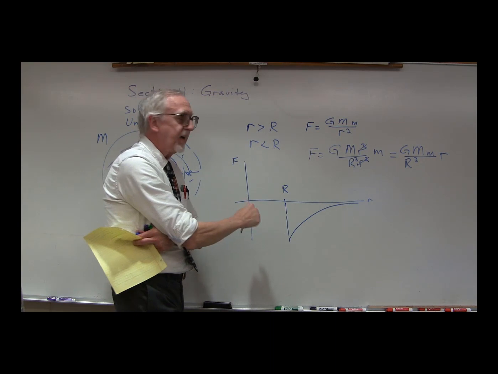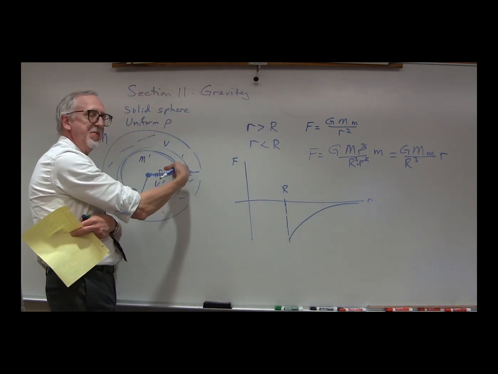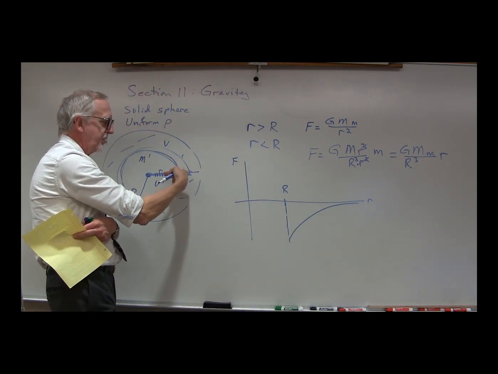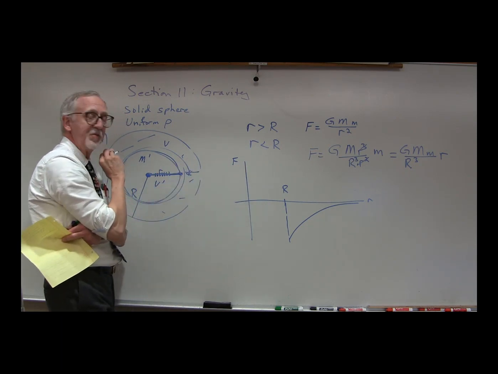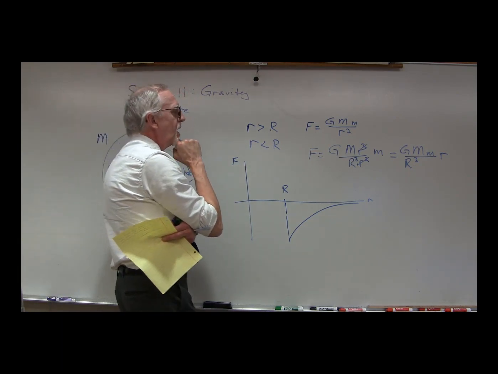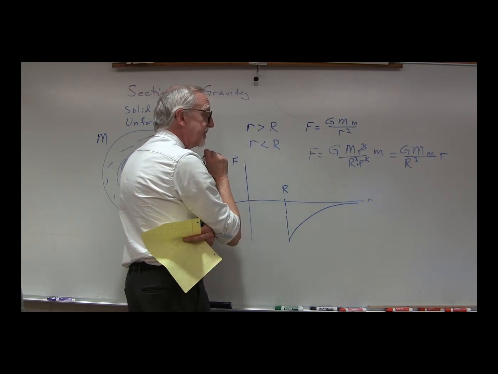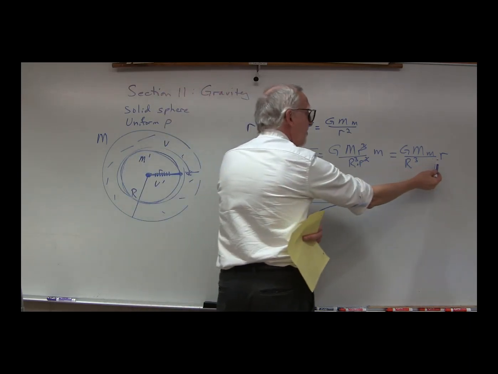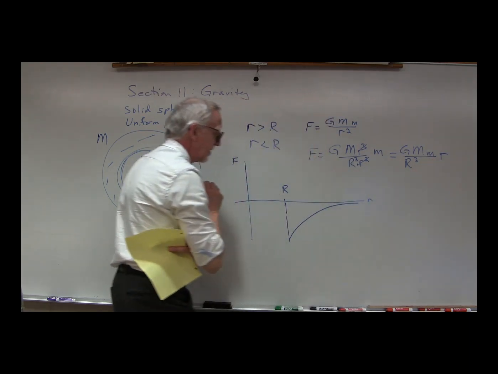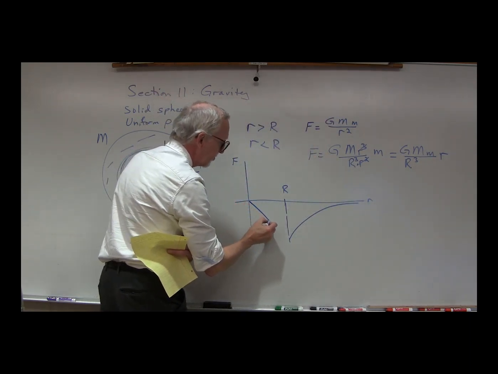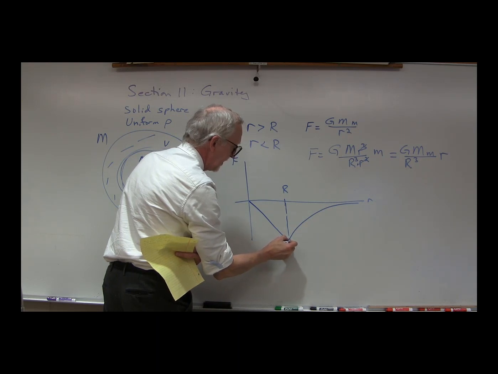I've drawn it as negative because the force is always in the negative direction, towards the center, not in a direction of increasing r, but in a direction of decreasing r. But then when r is less than capital R, we have a negative r dependence. So it's going to go like this, straight line, straight down, until these meet right there.